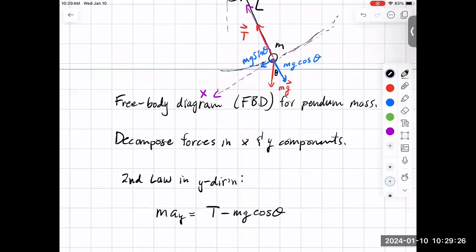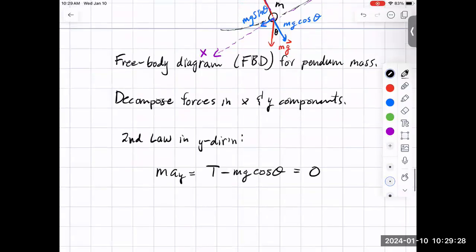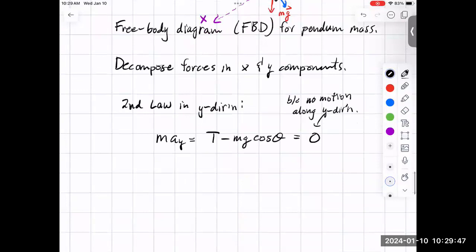And so this is equal to 0 because there's no motion along the y direction. And so what this would tell us is therefore the tension must be equal to mg cos theta.